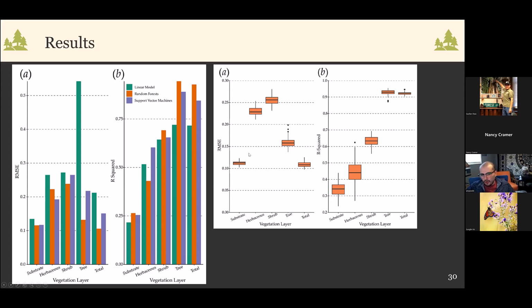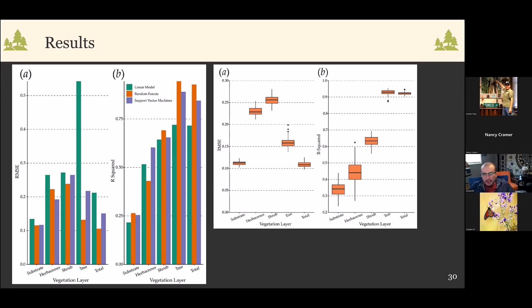And then we also used RMSE. Because there's a different amount of variability within each of the strata, and the mean and standard deviation of the distribution is different, you really can't directly compare these RMSE values across the strata. So lower RMSE is better, higher R-squared is better.